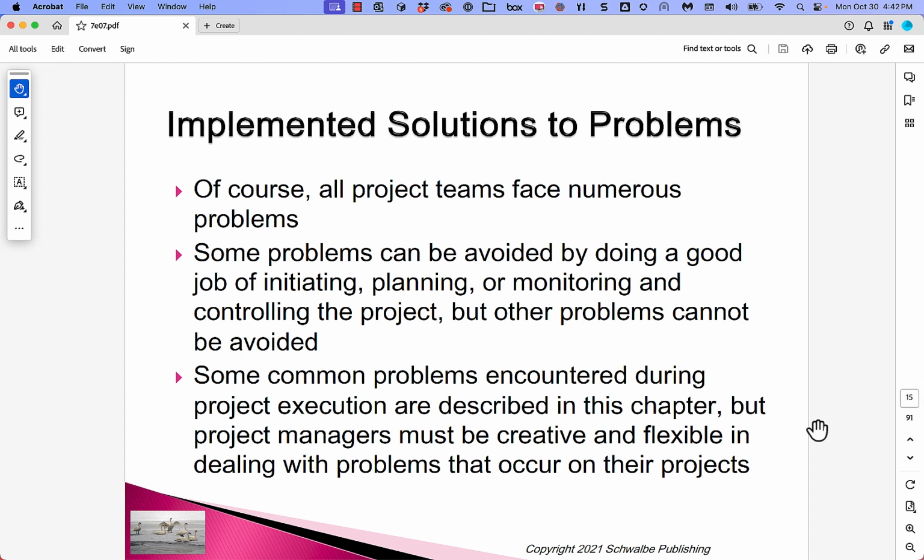Some problems can be avoided by doing a good job of initiating, planning, or monitoring and controlling the project, but other problems can't be avoided. Some common problems encountered during execution are described in the chapter, but project managers must be creative and flexible in dealing with the problems that occur on their projects. The problems are kind of what the job of project management is about.